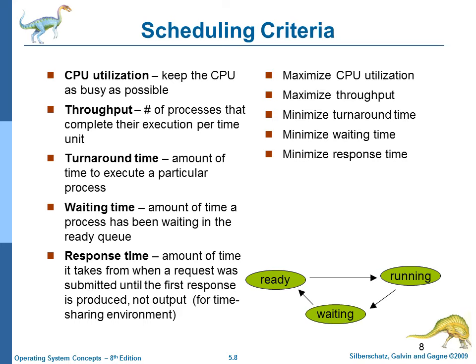However, sometimes one wants to do something different, such as minimizing the maximum response time. Sometimes it is more logical to minimize the variance of a criterion than the actual value. Users are more accepting of a consistent, predictable system than an inconsistent one, even if it is a little bit slower.